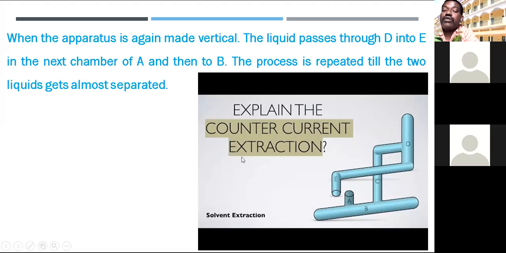This is the continuous counter current extraction using this type of instrument. This is the A chamber, B chamber, C chamber and D. D is then easily separated into the E chambers.